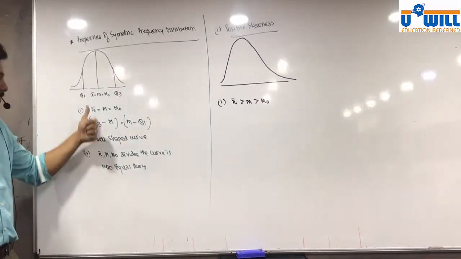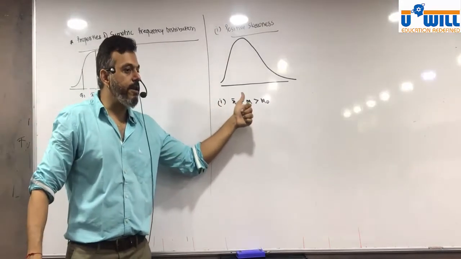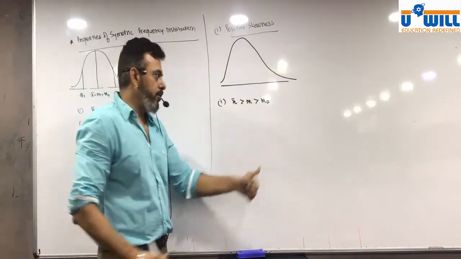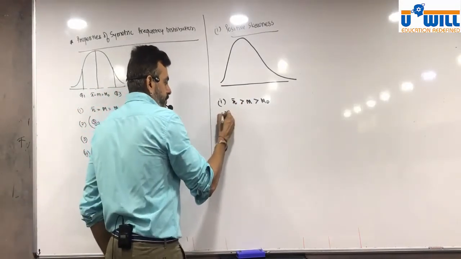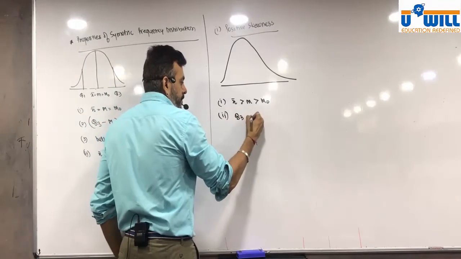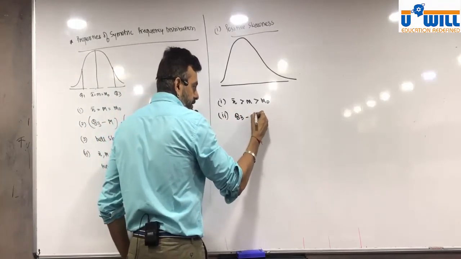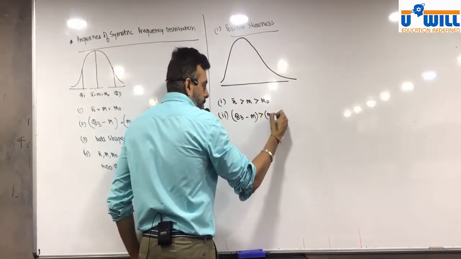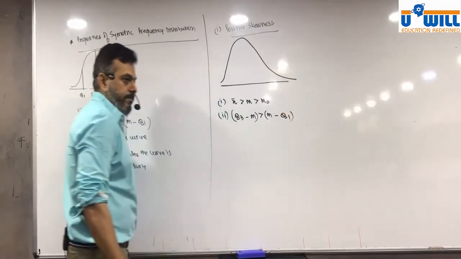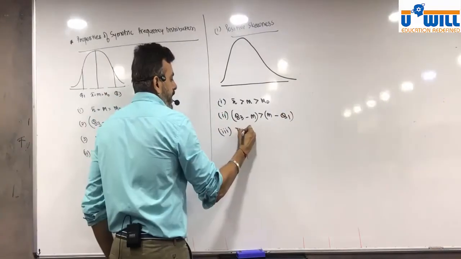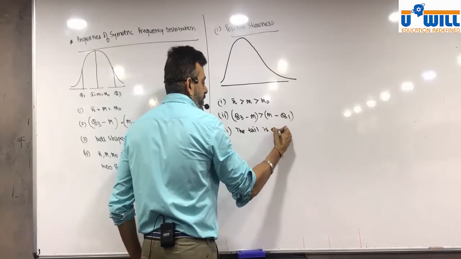Understood this? Here it is equal. Here it is mean is greater than median greater than mode. Then second, Q3 minus m is greater than m minus Q1. Third, the tail is elongated.